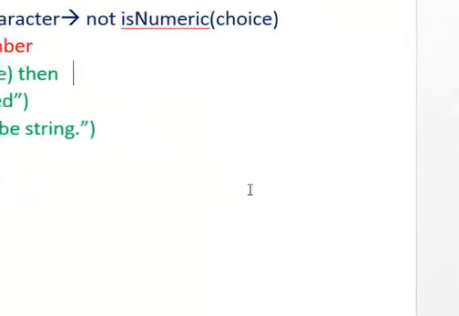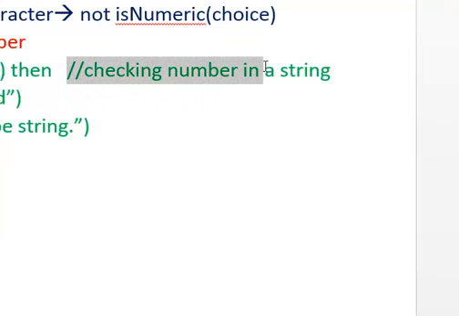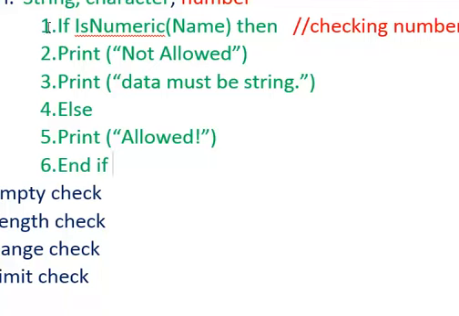Here I am putting the remark: string. So what is a string? String means letters. If it is numeric name, then it will not allow you. You are checking numbers in string and character fields. Now move to the next part.